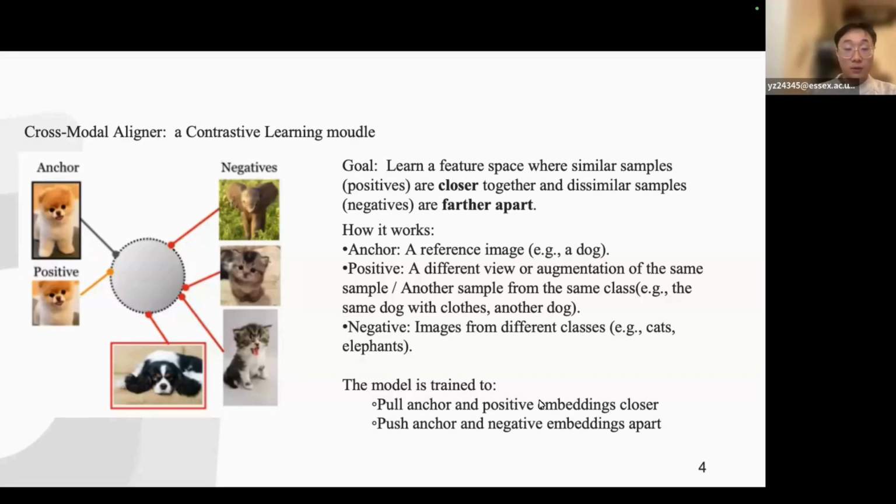It could be an elephant, or it could be a cat. So the goal of contrastive learning is to learn a feature space where the pair of dogs gets similar and closer. However, the pairs consisting of dogs and other animals, such as dogs and elephants, dogs and cats, their feature space will be pushed further apart.